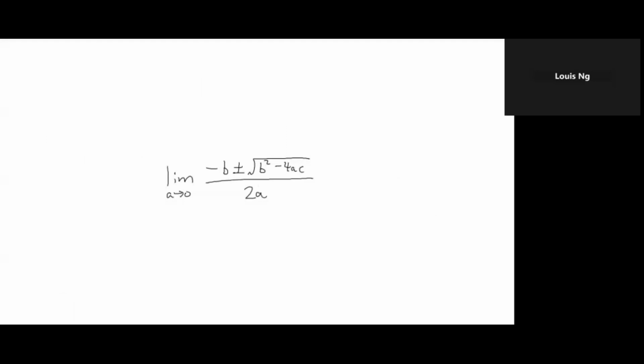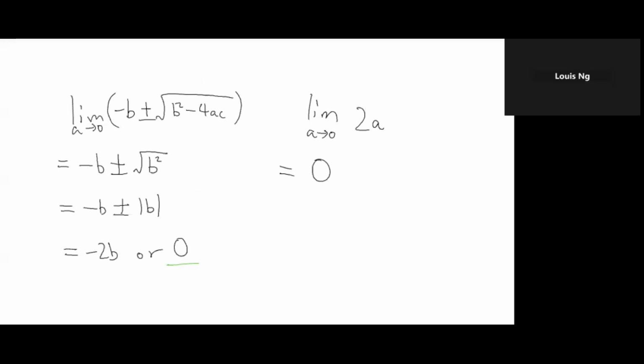Anyway, to evaluate this limit, let's first plug in 0 to see what happens to the numerator and the denominator. When we do, no surprise, the bottom is going to give you 0. For the fraction to not give you infinity or negative infinity, depending on the direction you approach a, you want the numerator to also have a limit of 0.